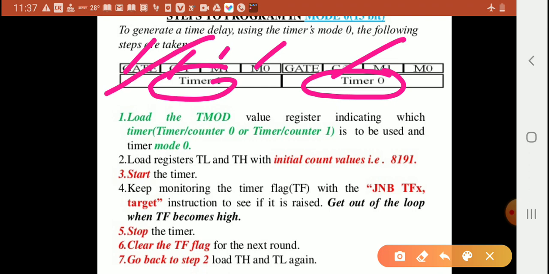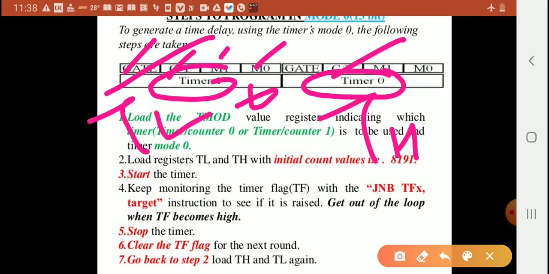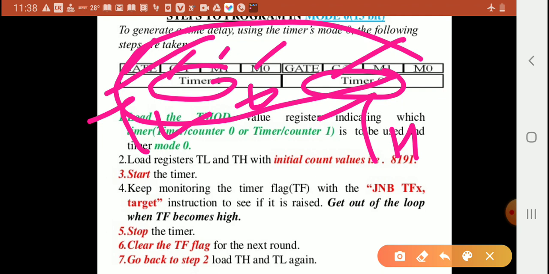Load the TMOD register value indicating which timer or counter, timer 0 or timer 1, is to be used, and timer mode 0. Load registers TL and TH with the initial count value, up to 8191. Start the timer.